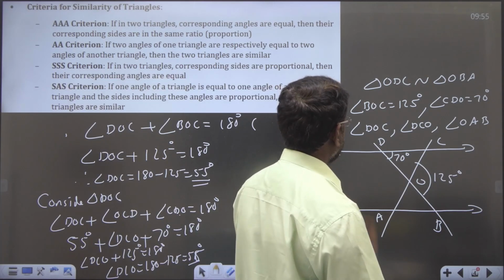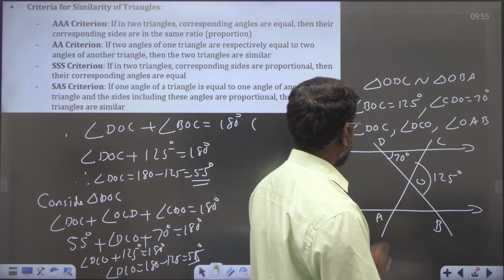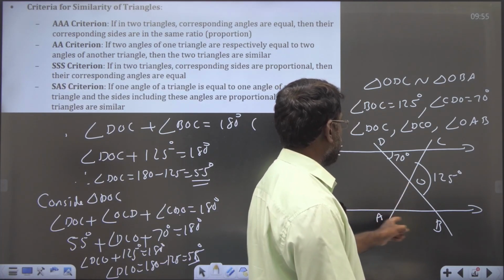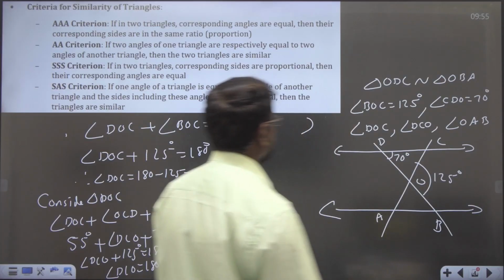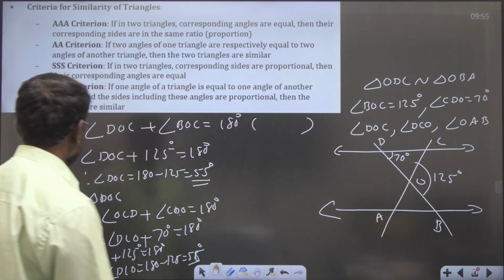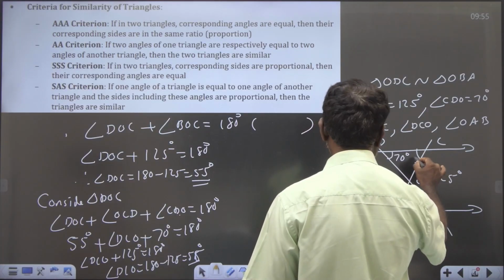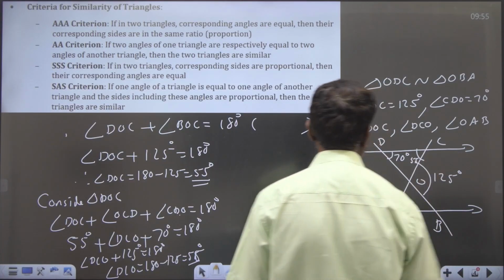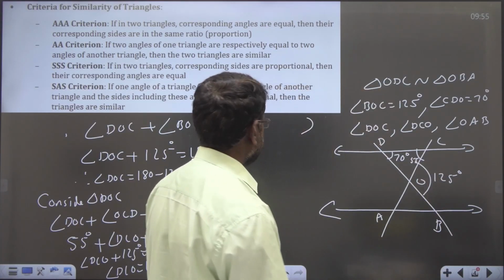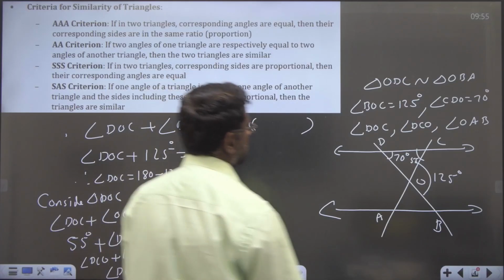Then what is angle OAB? Here, angle DCO is 55 degree. Then what will be angle OAB?